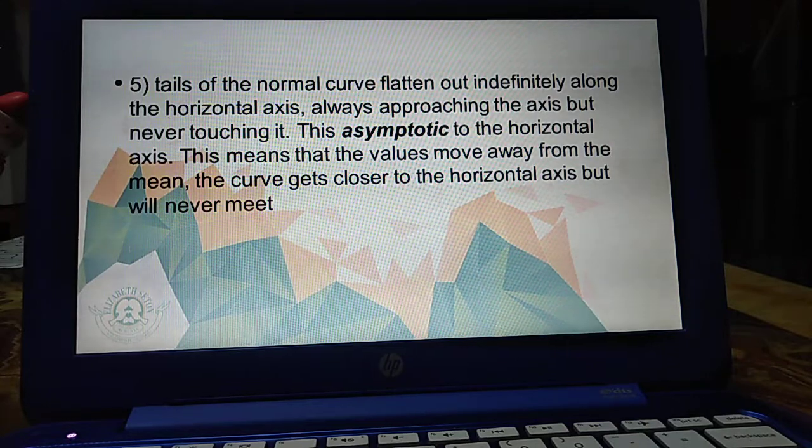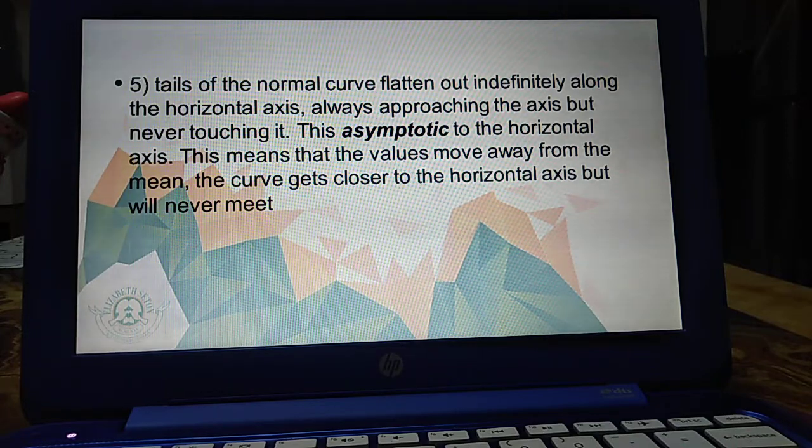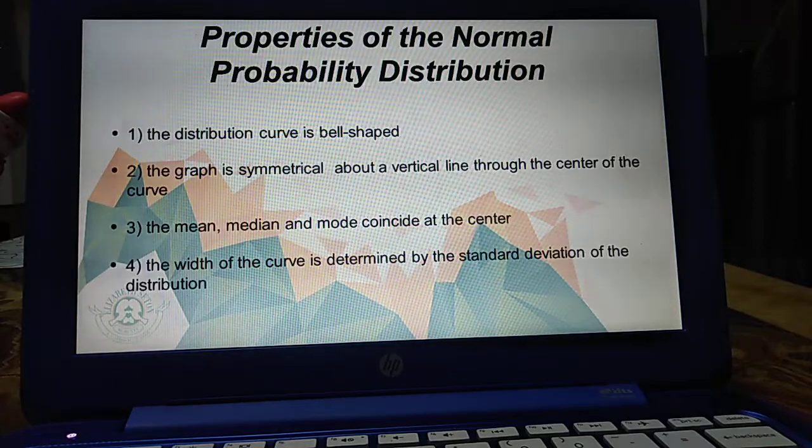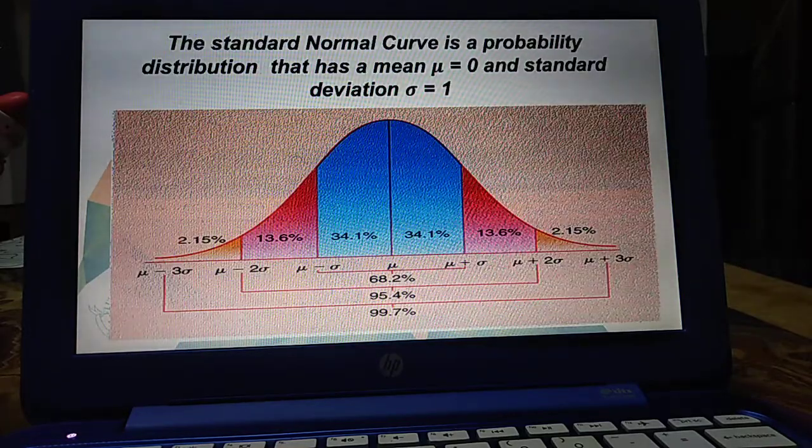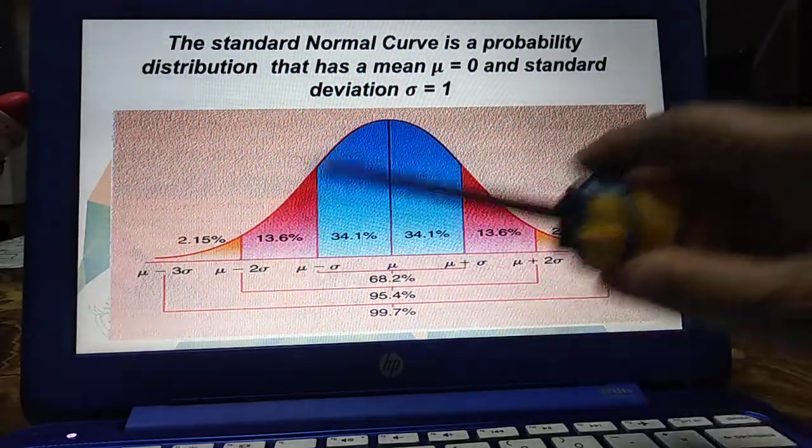The tails of the normal curve flatten out indefinitely along the horizontal axis, always approaching the axis but never touching it. It is asymptotic to the horizontal axis, which means that as the values move away from the mean, the curve gets closer to the horizontal but will never meet it. Let's go back to our curve. You see that our curve is symmetrical.